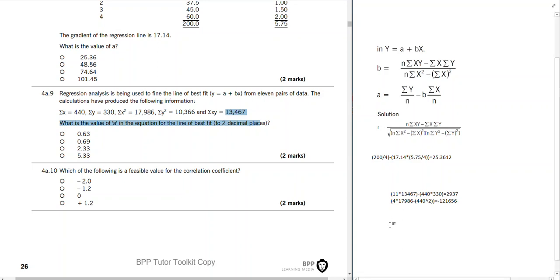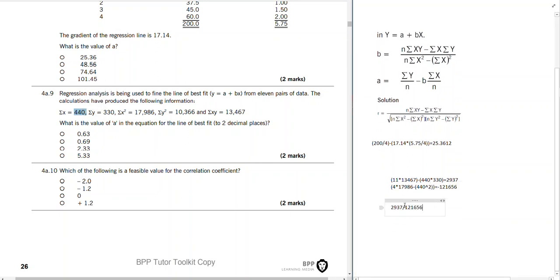So 2937 divided by 121,656. Let me see, I've taken the figures correctly. We have x squared. Yeah, it's correct. And then x squared here. Okay. So we have minus 0.0241.